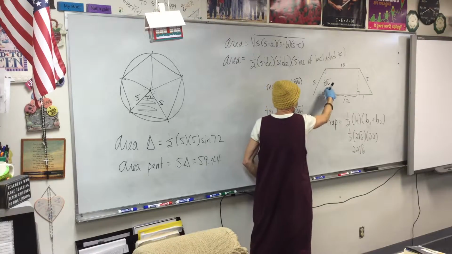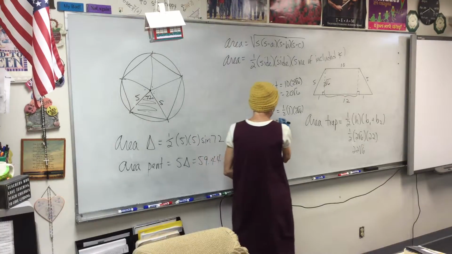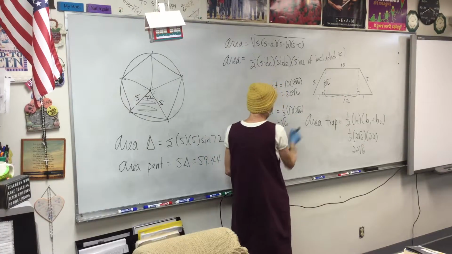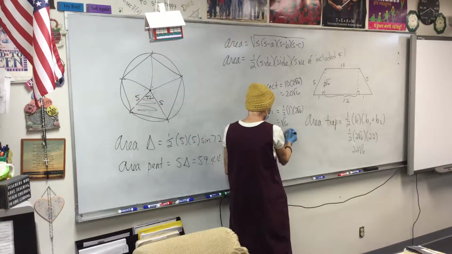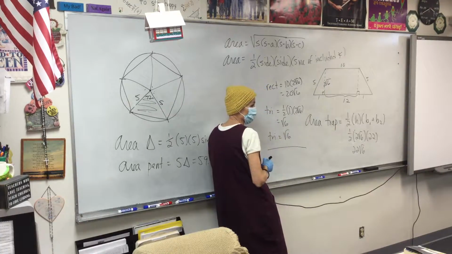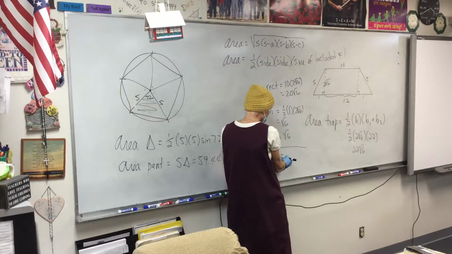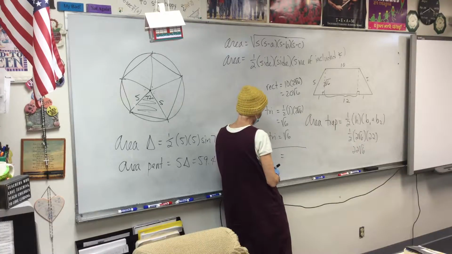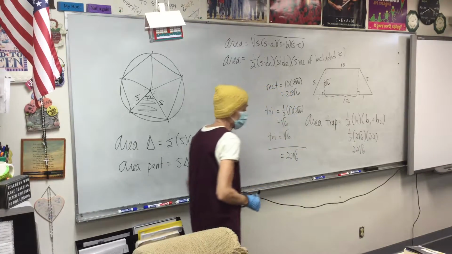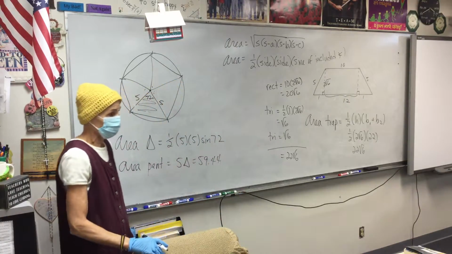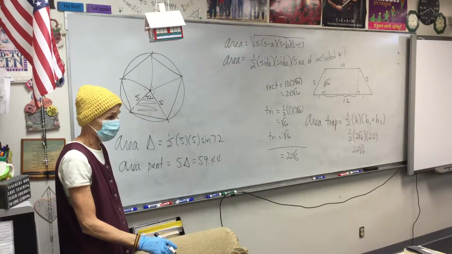Since we have the base and the height, we'll just go back to our old formula, which is root 6. But there's 2 of them. So the other triangle is also root 6. So you've got 20 root 6, a root 6, and a root 6, giving you a grand total of 22 root 6. So even if you forgot your formula, you can get your area by, like Trevor said, breaking it up into its little pieces.